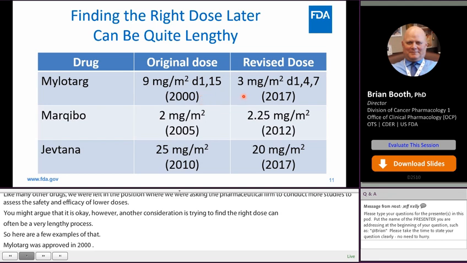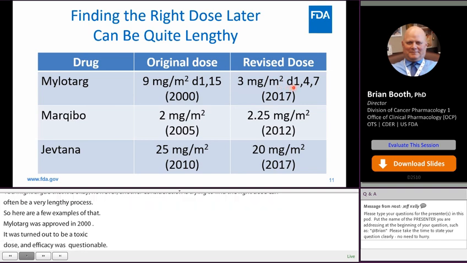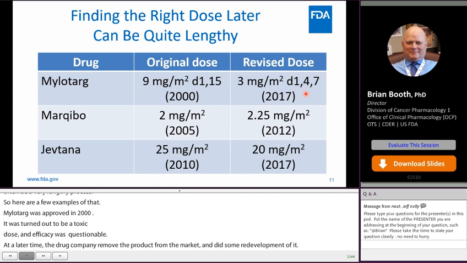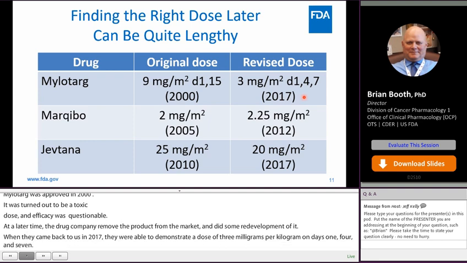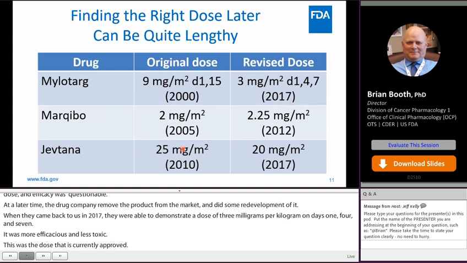When they came back to us in 2017, they were able to demonstrate from the studies they'd done that 3 milligrams per kilogram on days 1, 4, and 7 was efficacious and less toxic. And this was the dose that is currently approved. So we finally got to the point where we found the right dose, but you can see, it took 17 years for us to get there.